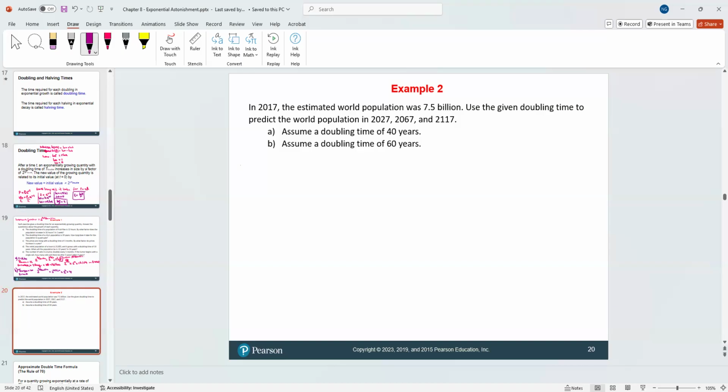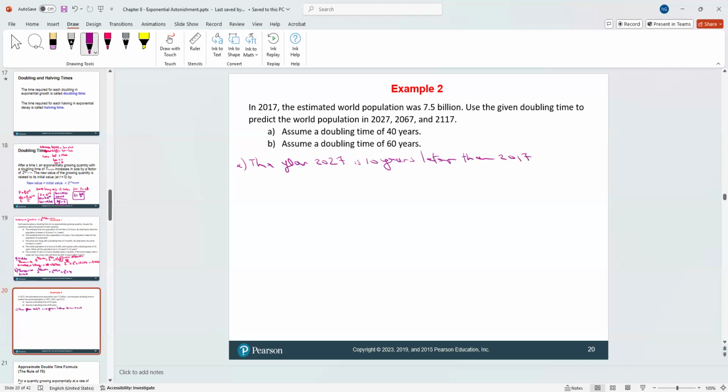Remember, for these particular examples we're going to do it for 40 years. If we go with A, let's go with A. So the year 2027, pretty soon, of course, is 10 years later than 2017, when we started.